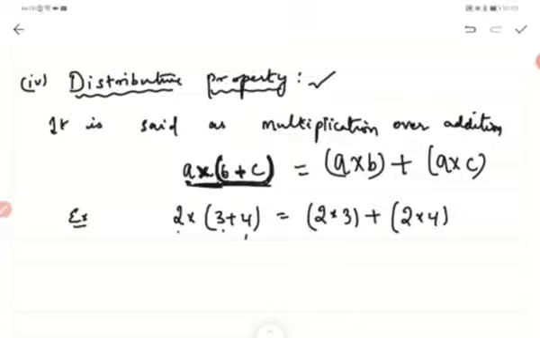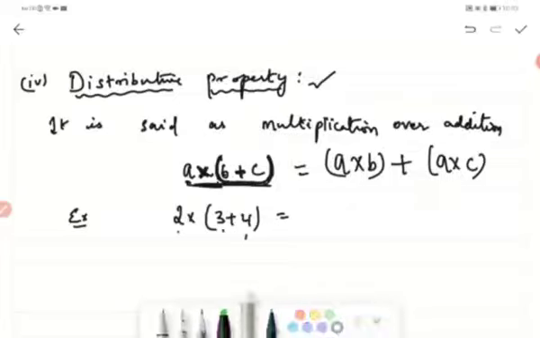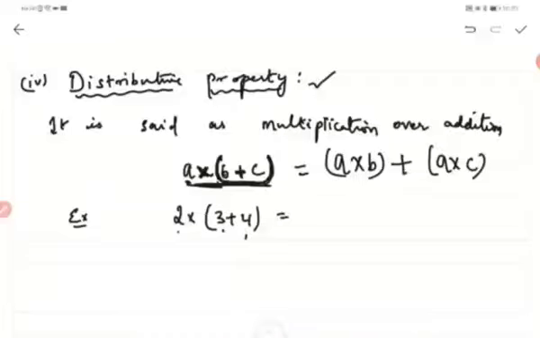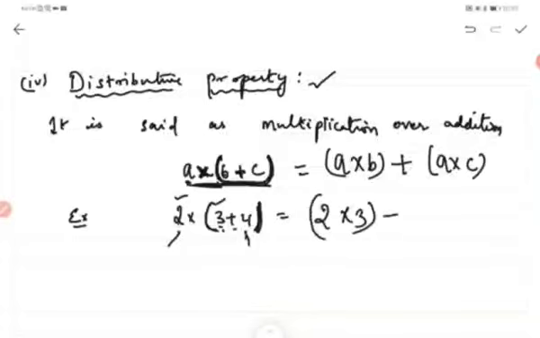According to the distributive property, I can open this bracket and write: 2 multiplied by 3, and again 2 multiplied by 4. In between, the addition sign will remain the same. So 2 multiplied by 3 plus 2 multiplied by 4.